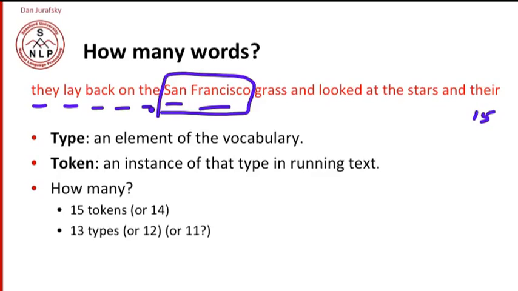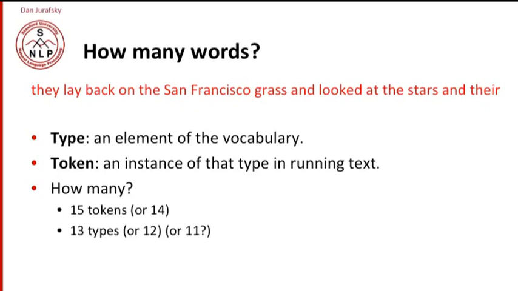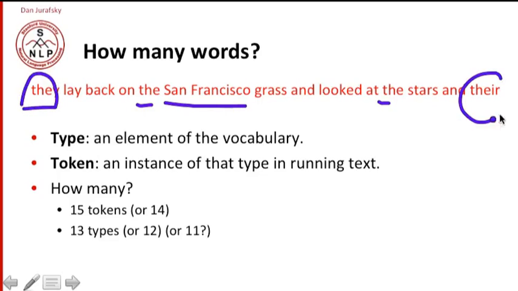Well, there's 13 types, again, depending on how we count. So we have multiple copies of the word the, there's the and the. Again, it depends if we count San Francisco as one word or two. And remember our lemmas, we might decide that they and their, since they are the same lemma, although they're different word forms, we might want to count them as the same type, depending again on our goal.